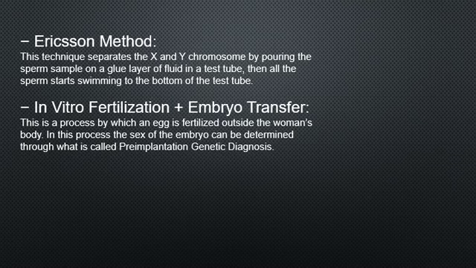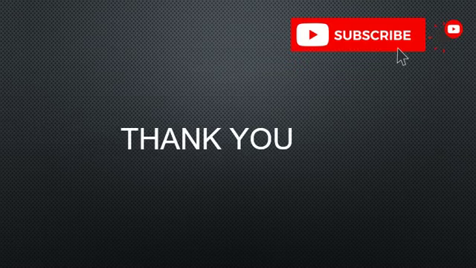In this technique, the embryos are tested for genetic abnormalities and the gender, after which the healthy embryos of your desired gender are transferred into the uterus. And also, it's important to note that this method is very expensive and its success rate is very close to 100%. I've come to the end of this section.